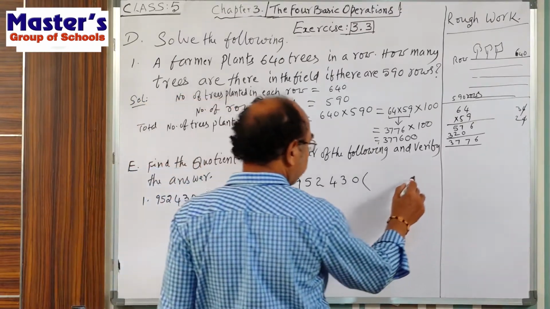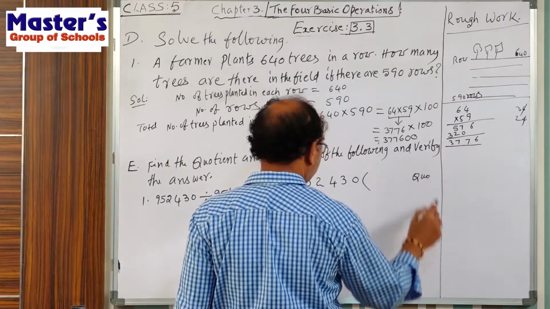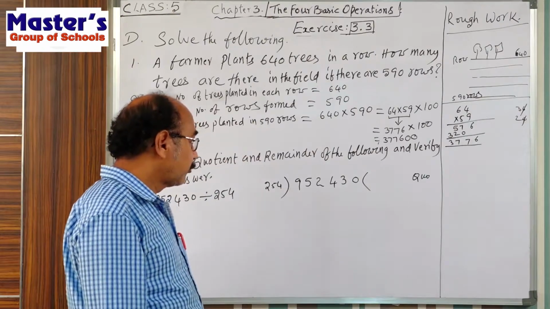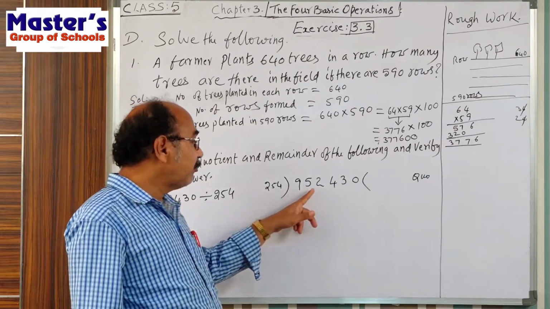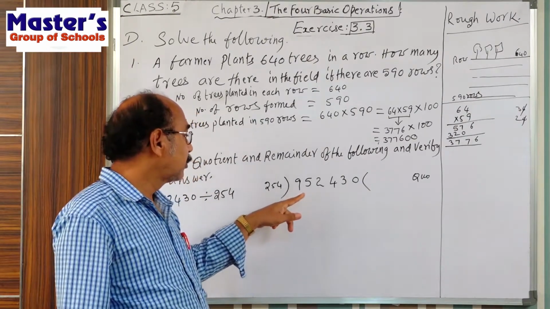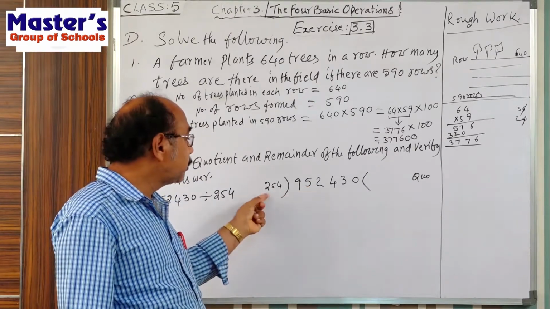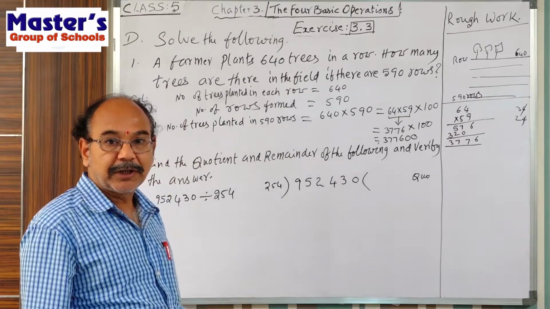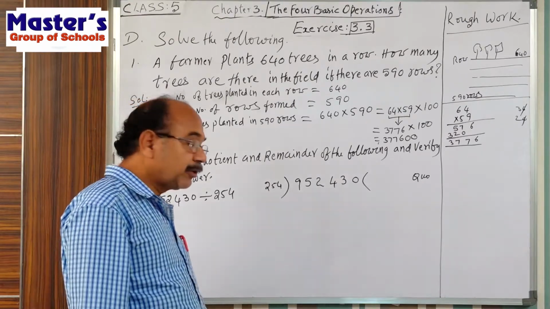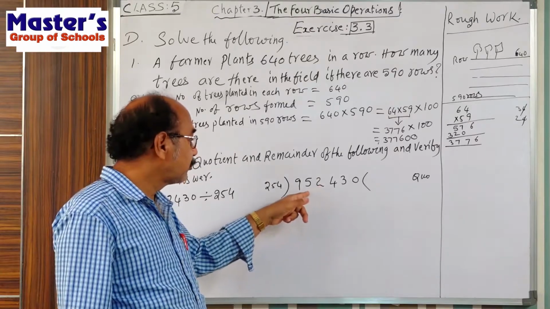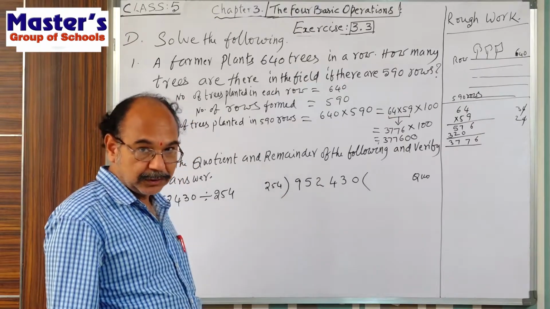Here we get a quotient. Okay, children. Here 952 is greater than 254. With a 3-digit number we are dividing. That's why in 3 numbers you see.